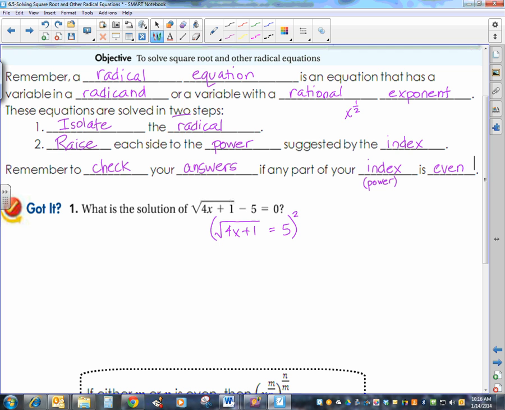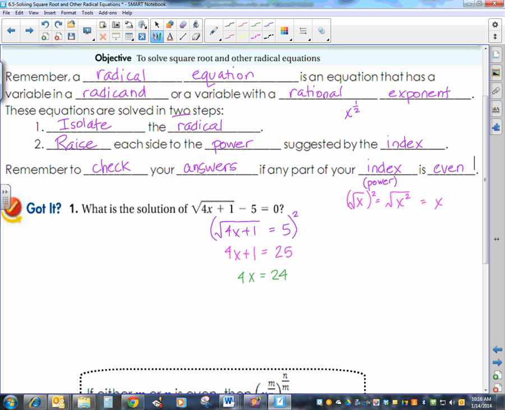So when we square both sides, of course, we've talked about most importantly that the square root of x, quantity squared, same thing as the square root of x squared, is equal to x. So they cancel each other out, leaving us here with 4x plus 1 equals 25. Then we're going to subtract 1 from each side. So that gives us 4x equal to 24.